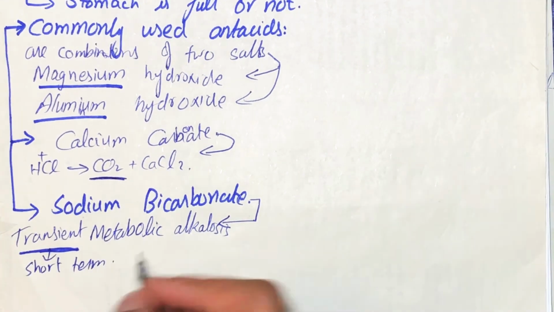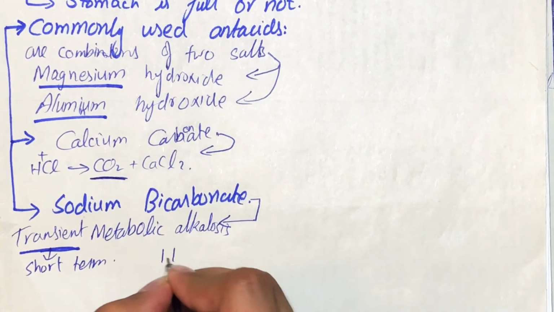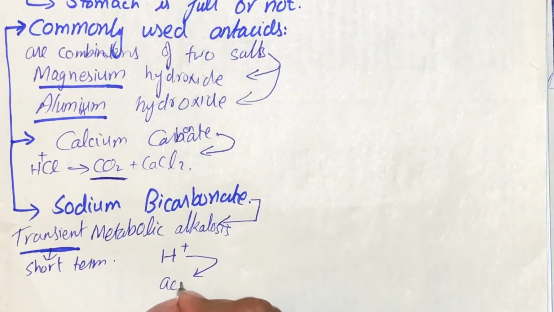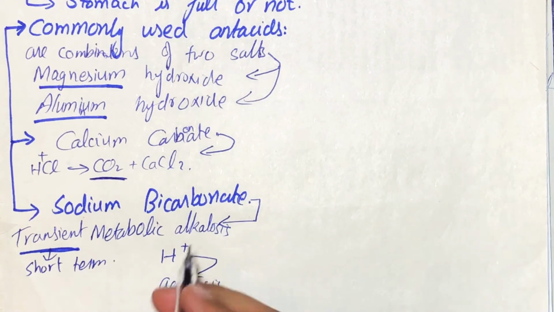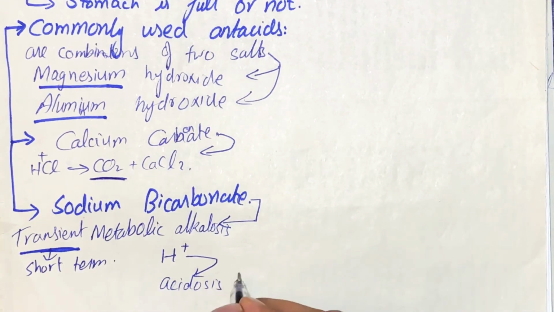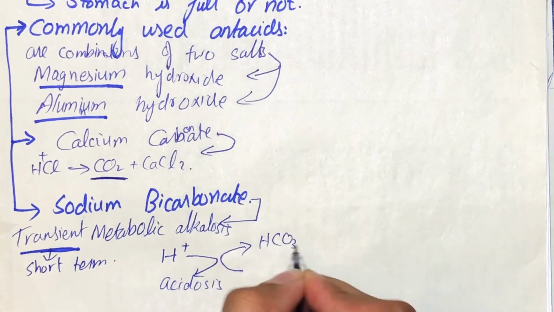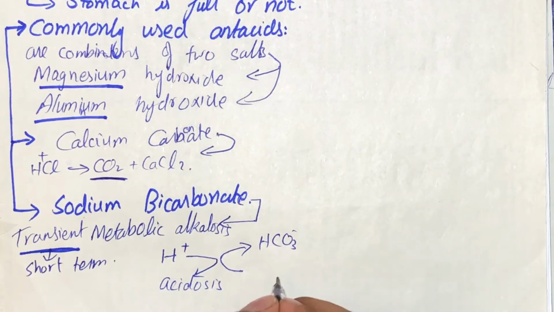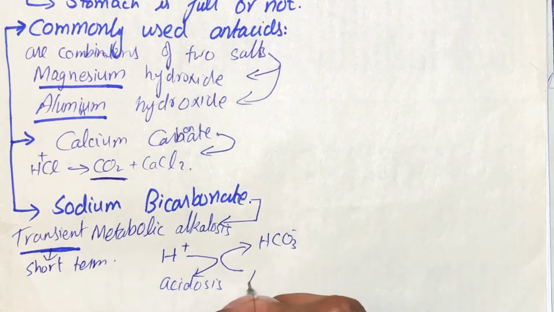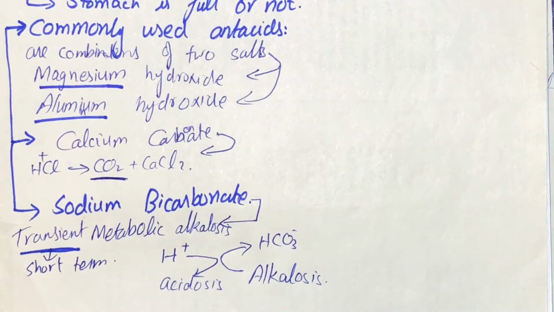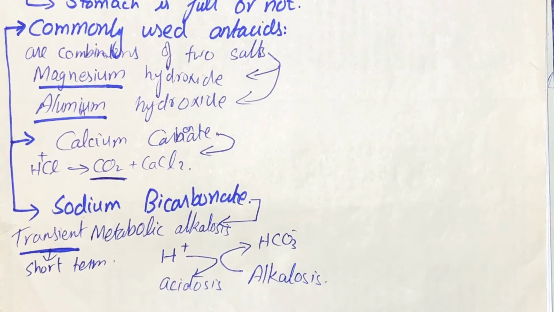In our body, hydrogen ion is considered for acidic condition or acidosis, whereas there is exchange of hydrogen ion with bicarbonate ion, and it causes alkalosis. And by this what I mean?